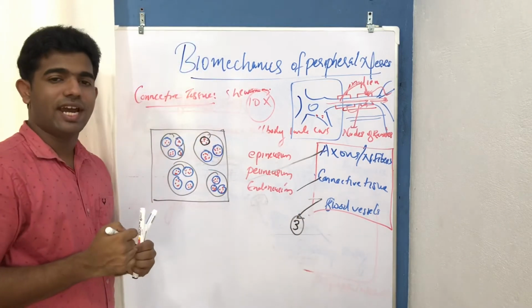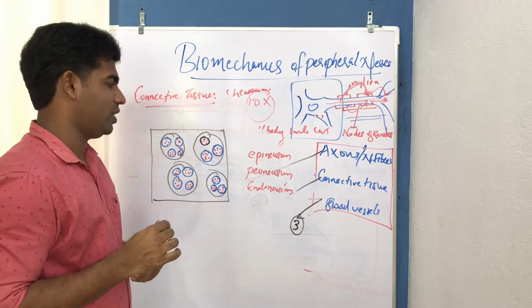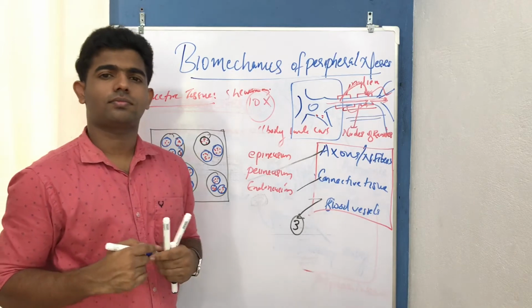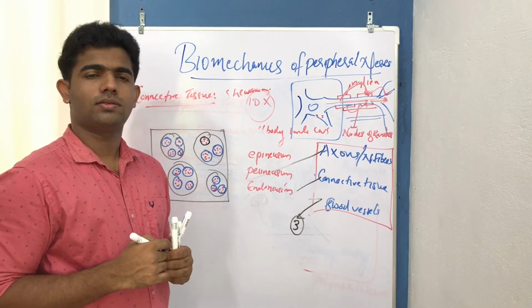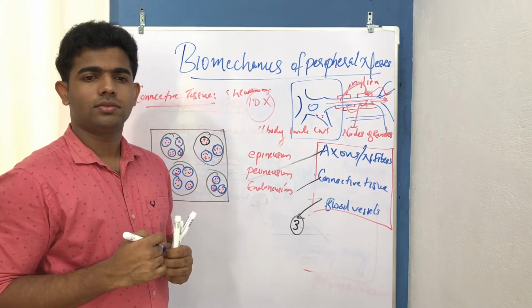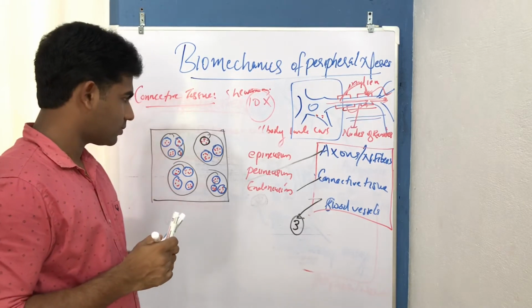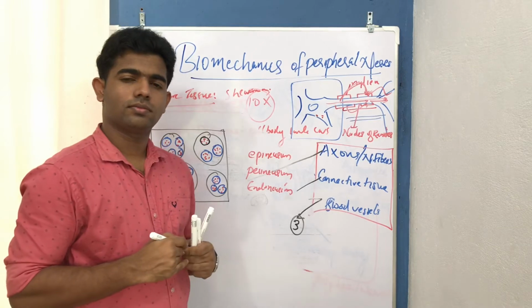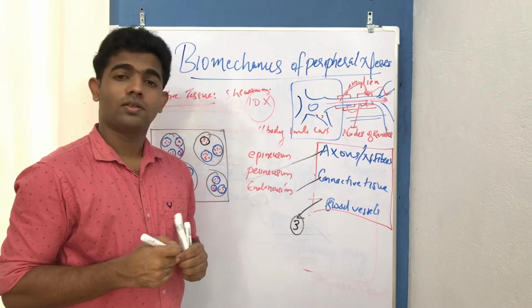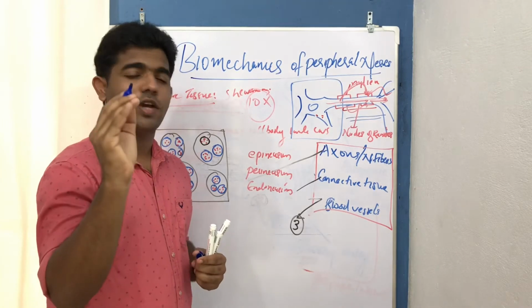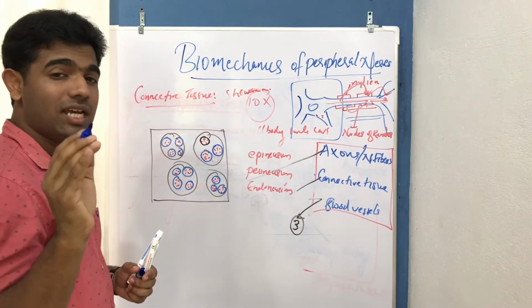So these are the three connective tissues inside the peripheral nerves, right?